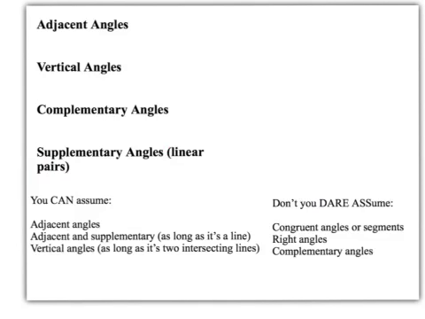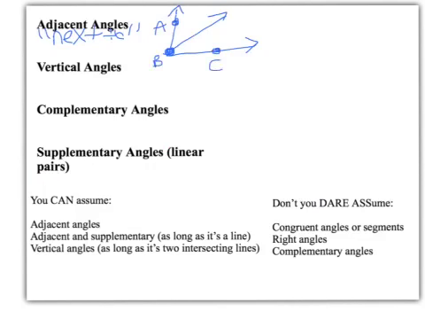Adjacent literally means next to. So adjacent angles are going to share a side. So if we have angle A, B, C, and we cut that into two pieces with ray BD, we can see that angle ABD is adjacent to angle DBC.